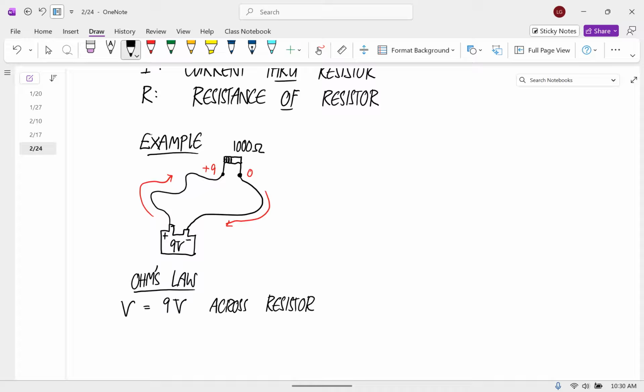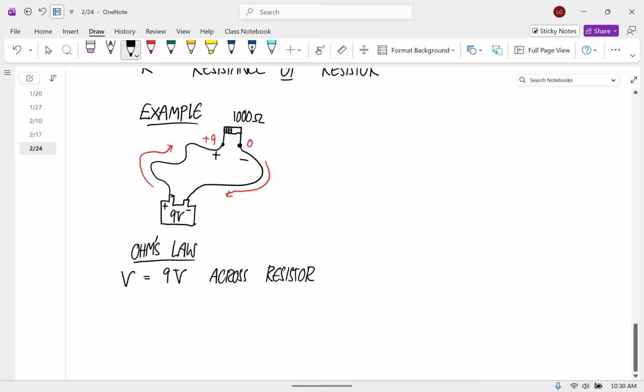Voltage also has kind of a direction. It's called the polarity. So you have to determine which side is higher in electric potential than the other one. You can see here that this +9 side is the positive and the 0 is the negative. That's the polarity of the resistor. The resistance is 1,000.